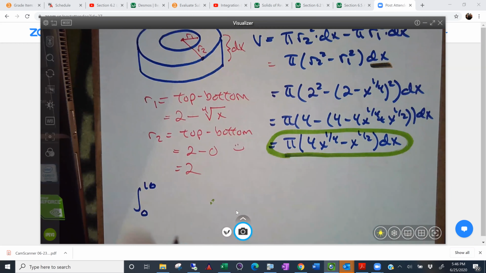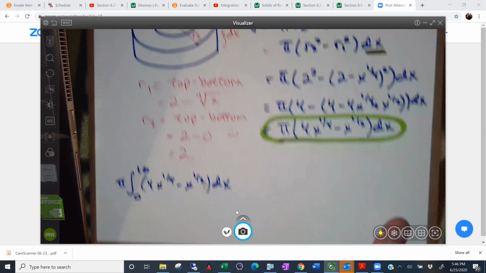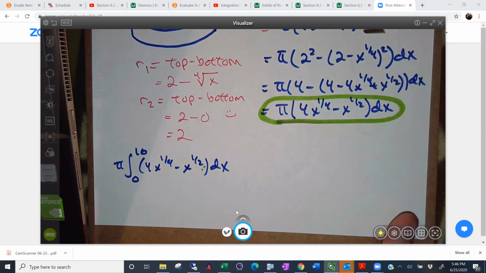Pi can come out in front because that's just a constant. 4x to the 1/4 minus x to the 1/2 dx. How are we looking there?